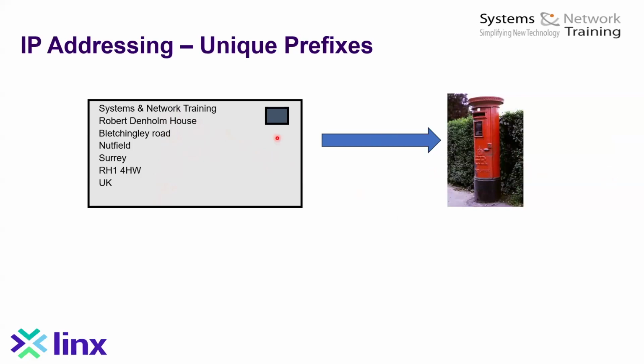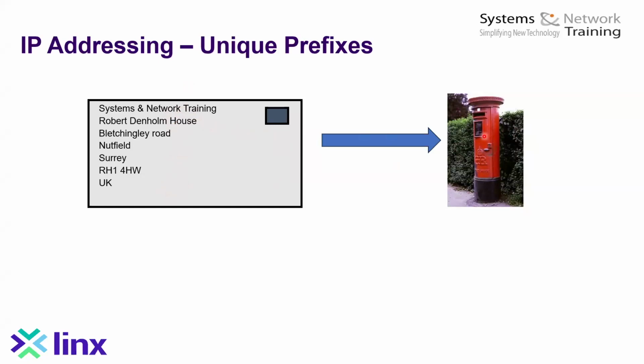So we can think of the address as what is written on the envelope, and we can think of the mechanics of getting that envelope to where it needs to go as the postal service. So in our IP world, we can think of this address as our IP address, and we can think of the postal service as the internet. In other words, BGP getting our packets to where they need to go.